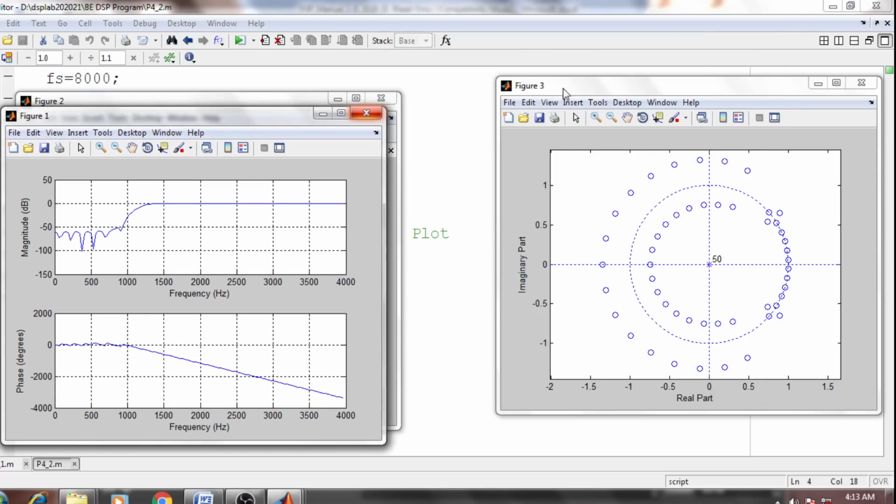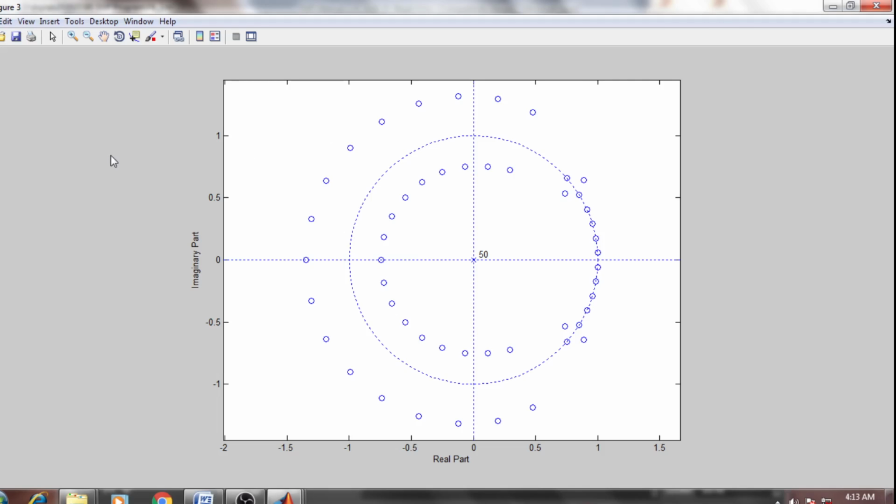Now the third one is showing the Z plane poles and zeros plot. Here you can see the real and imaginary part. Again the unit circle is there, and over this unit circle you can find poles and zeros represented. In the low pass filter, the poles and zeros are maximally represented on the right hand side, but now they are represented on the left hand side in the high pass filter.